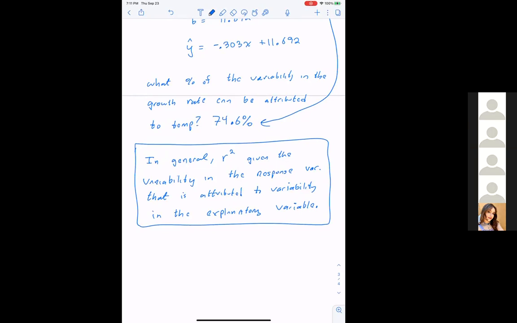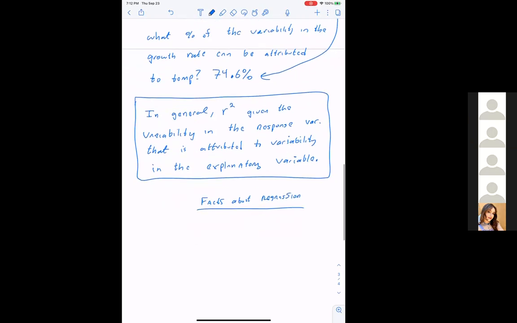All right. So now some facts about regression. Number one, if you switch the explanatory variable and the response variable, the correlation does not change, but the best fit line does.